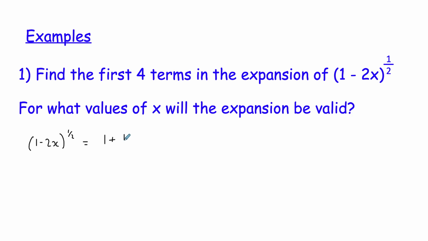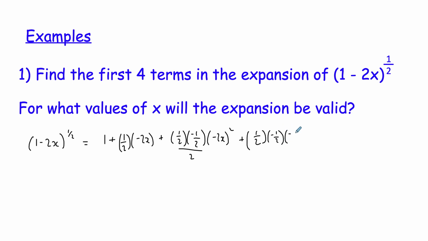Anyway, n is a half in this case, times minus 2x. Then we're going to have a half times minus a half times minus 2x squared over 2. We need 4 terms, so the next one's going to be a half times a half minus 1 times a half minus 2 times minus 2x cubed over 3 times 2.